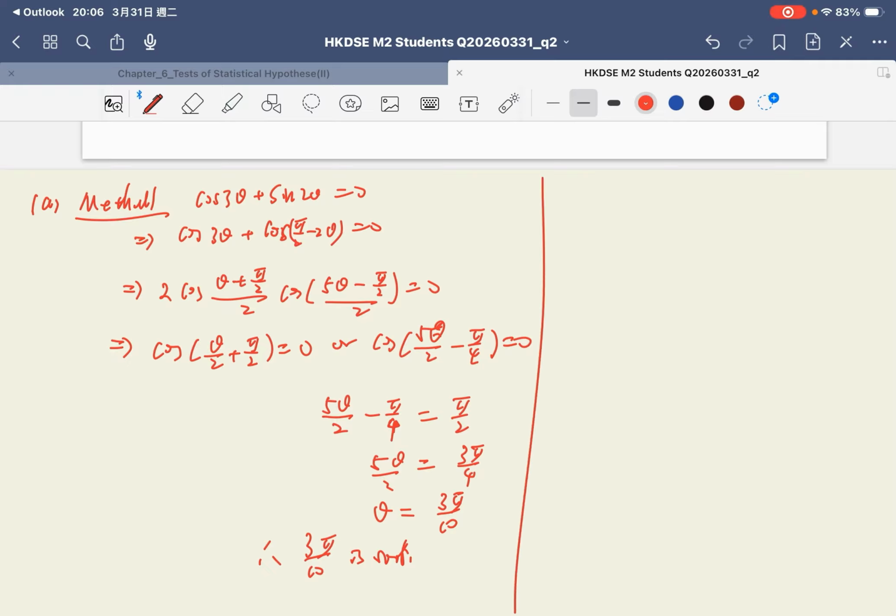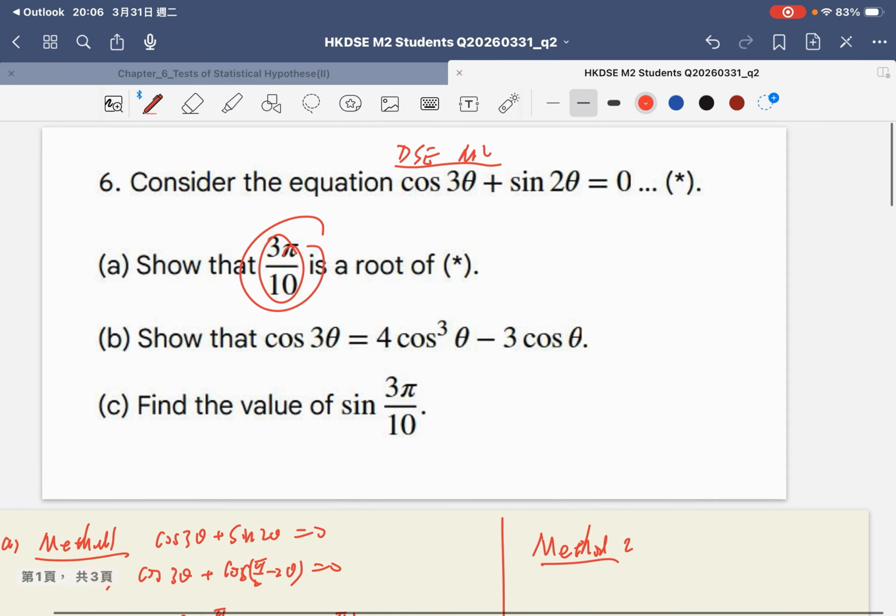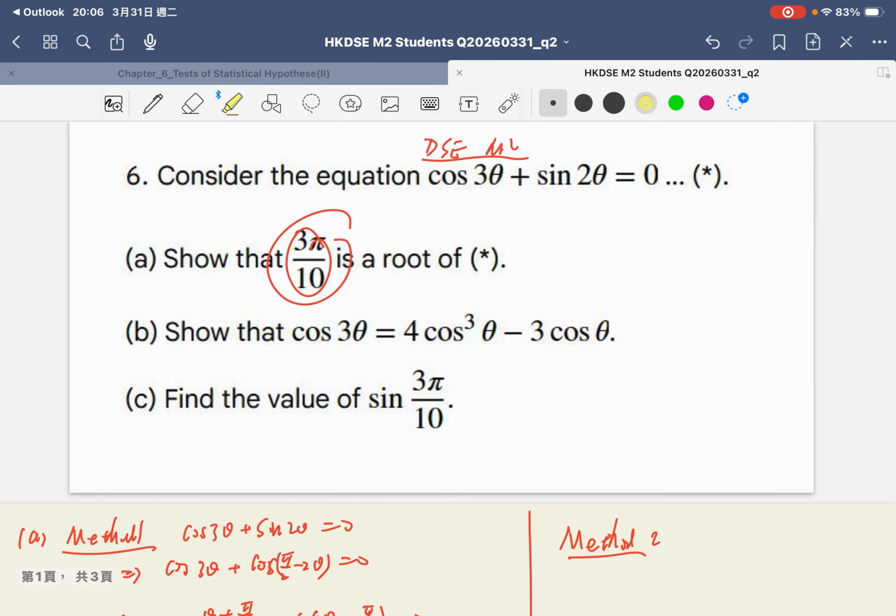Done. And some students may use another method, which is to put this root into the equation.